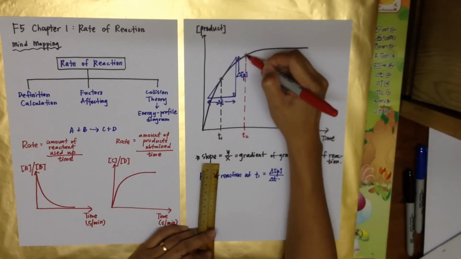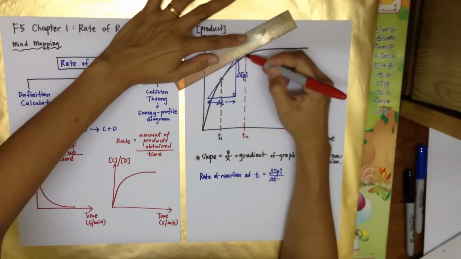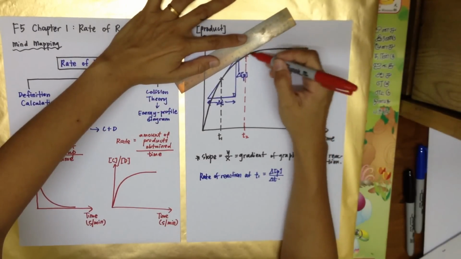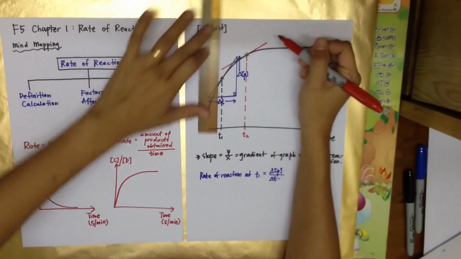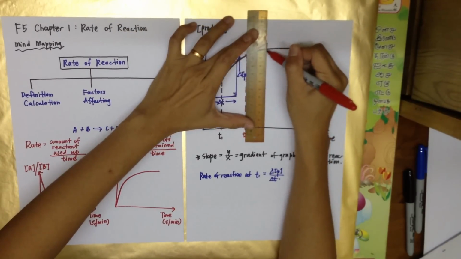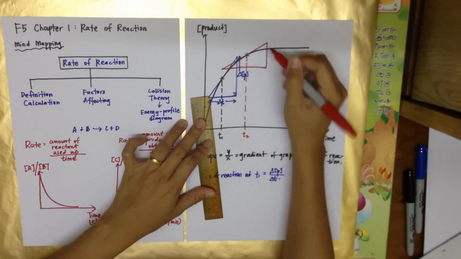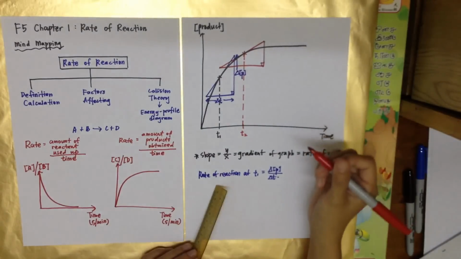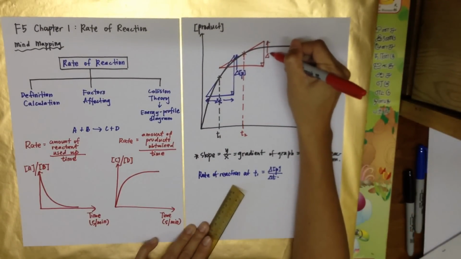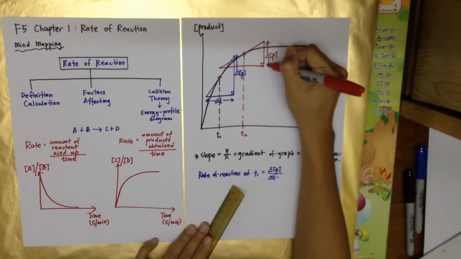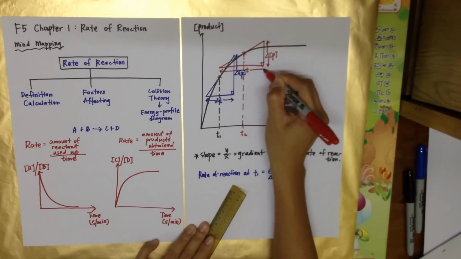After we locate the single point on the curve, then construct a tangent which is perpendicular to the line. This is the one, for example. And from the tangent, we can then measure the change in the product and also the change in the time.